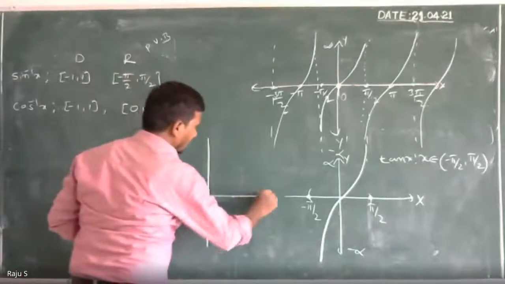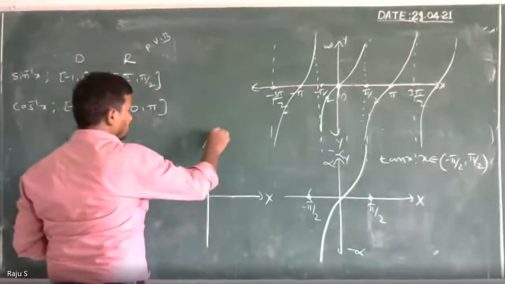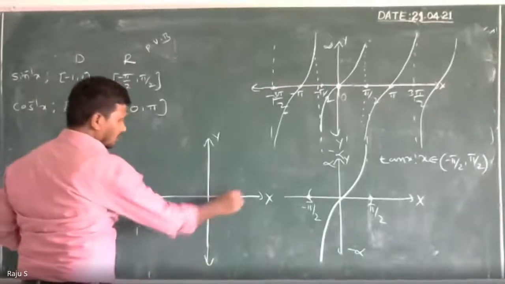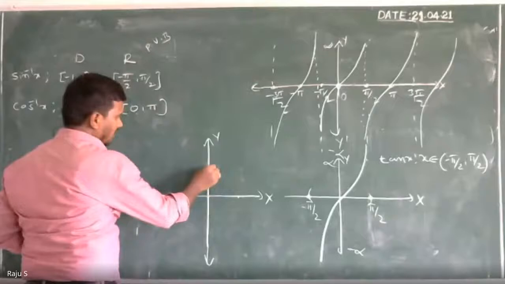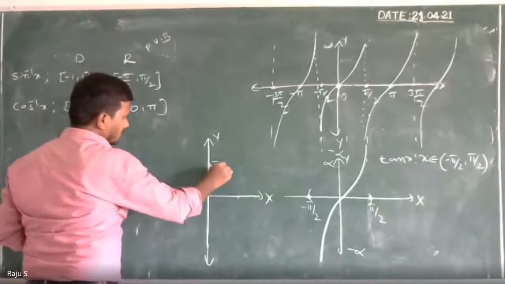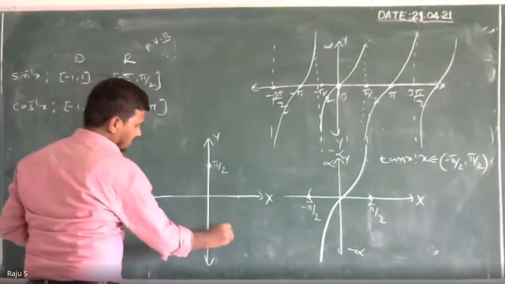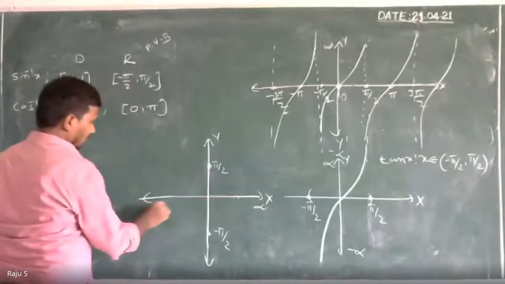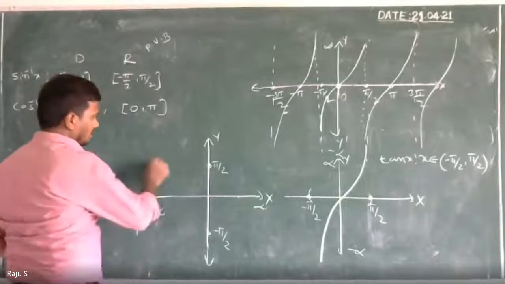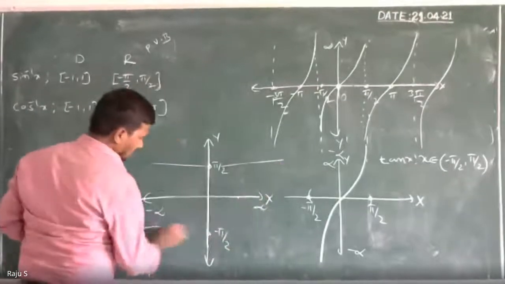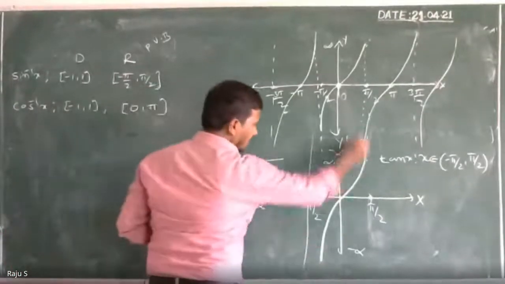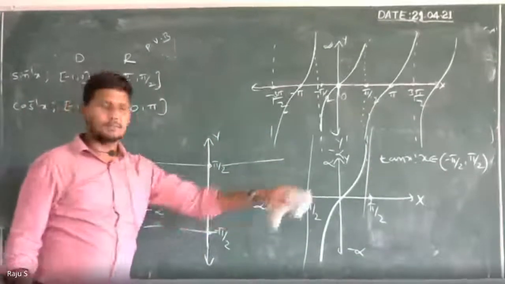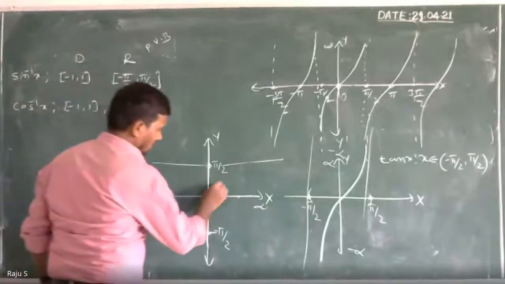I clearly said that x values become y values. What do y values become? x values. So here this is plus 90, this is minus 90, and here plus infinity, minus infinity. So these are the borders for the graph. It should not cross minus 90 and plus 90. So here we are going to get it like this.